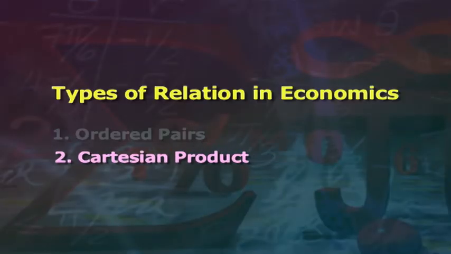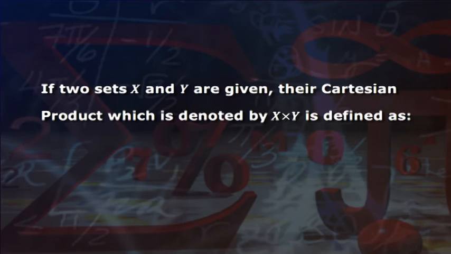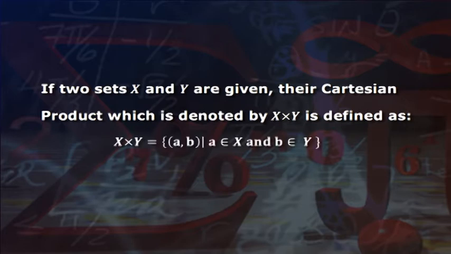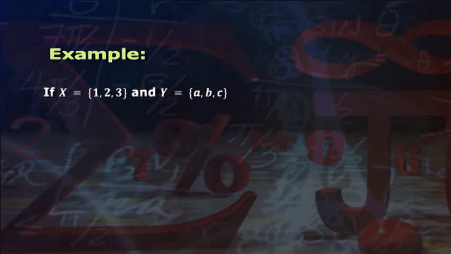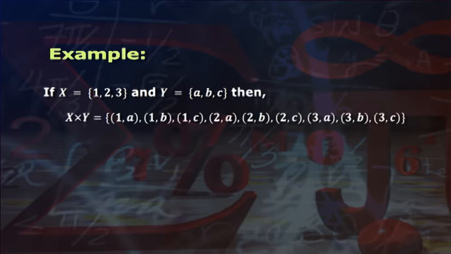Cartesian product. If two sets X and Y are given, their Cartesian product, which is denoted by X cross Y, is defined as X cross Y equal to the set of ordered pairs (a, b), a is in X and b is in Y. Example, if X is equal to {1, 2, 3} and Y is equal to {a, b, c}, then X cross Y will be (1,a), (1,b), (1,c), (2,a), (2,b), (2,c), (3,a), (3,b), (3,c).